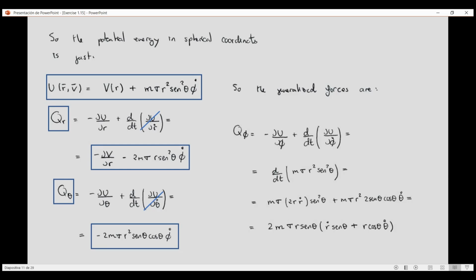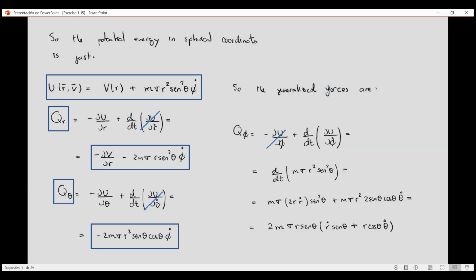And for q phi, the potential does depend on phi dot. So that term of the total derivative of the partial of U with phi dot doesn't cancel out. So we will need to differentiate with respect to time in r and theta using the chain rule. However, these are elementary derivatives without any difficulty.